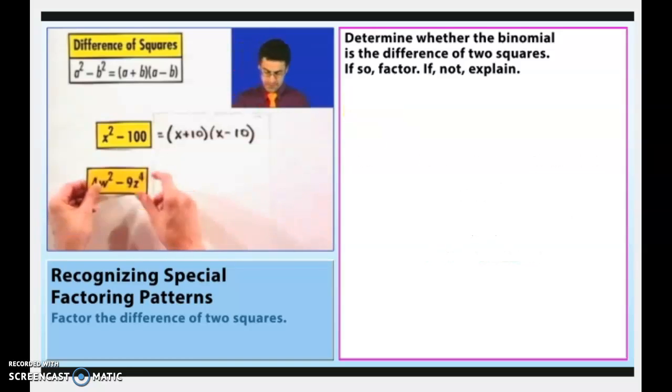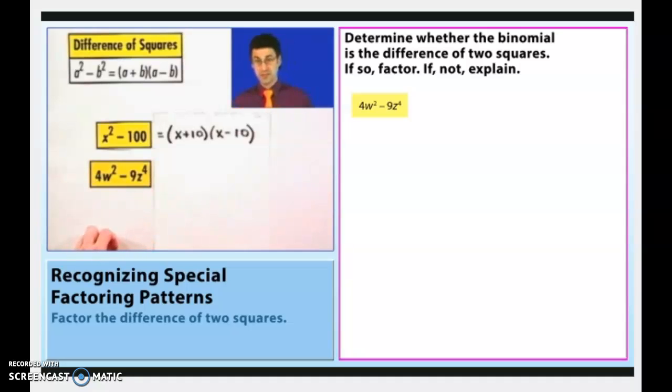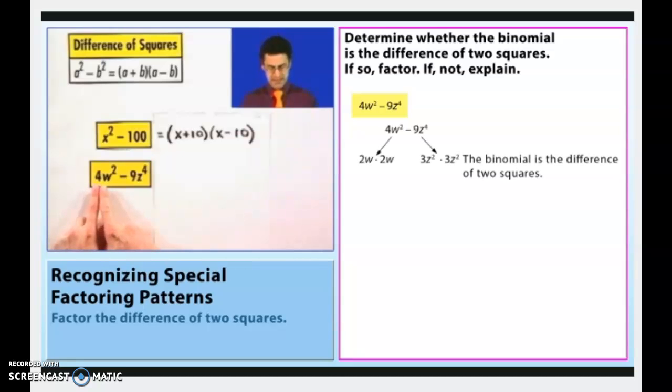See if I can make it a little bit harder for you. 4w squared minus 9z to the 4th. Difference of 2 perfect squares? Yeah, actually yes. Because in fact, this is actually 2w all squared, and this is actually 3z squared all squared.